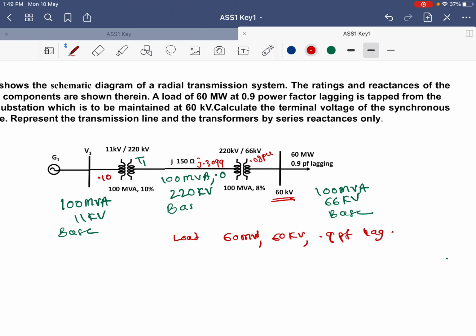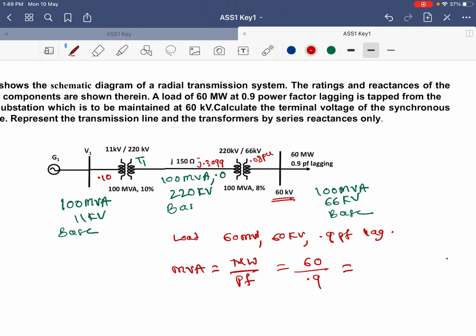Then how to find MVA? MVA is nothing but megawatt divided by power factor. That is, 60 megawatt is given and the power factor is 0.9.